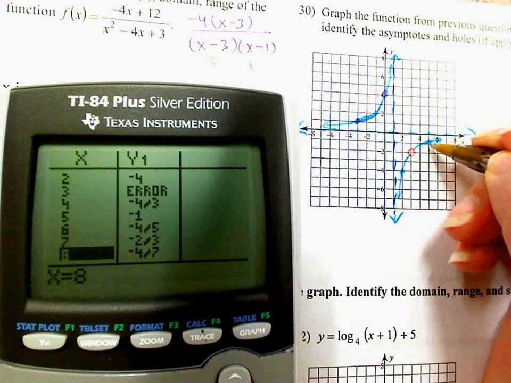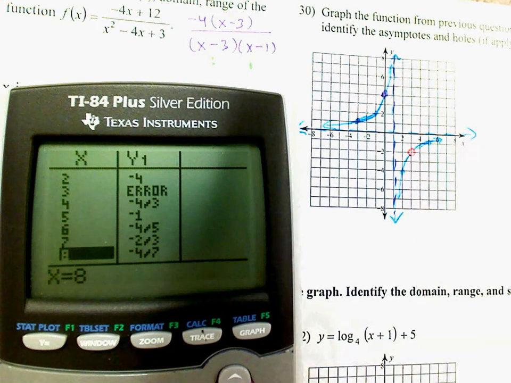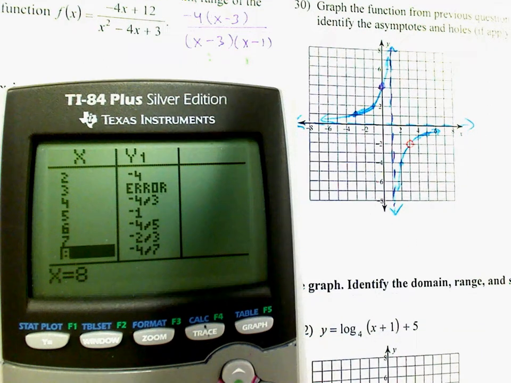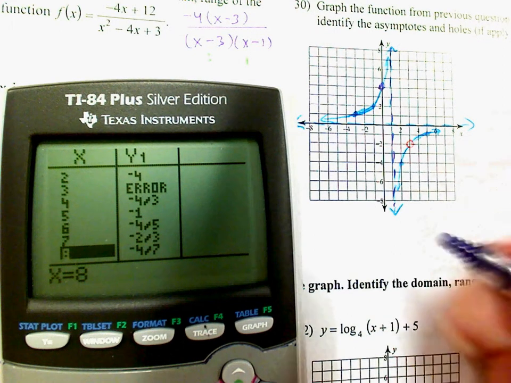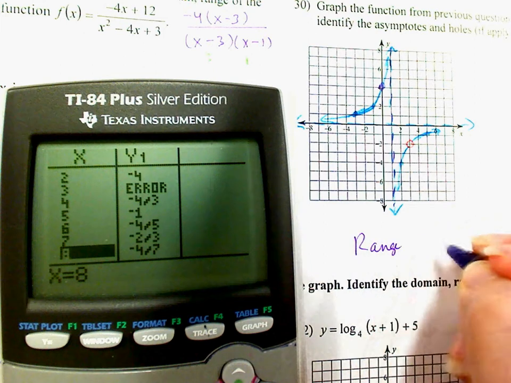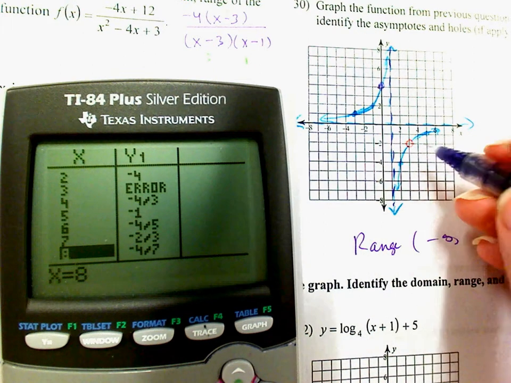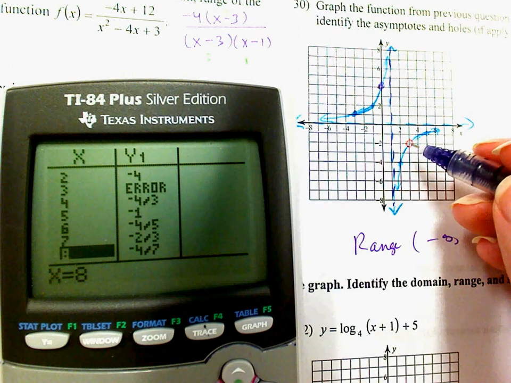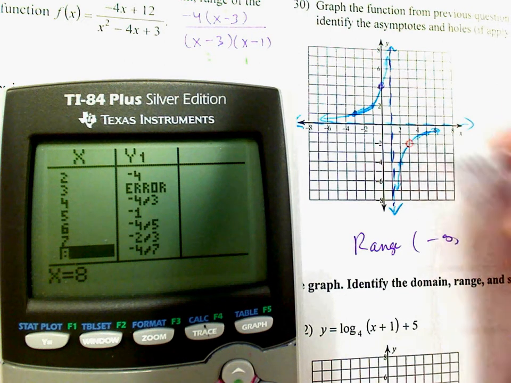So now as far as range goes, range is all possible y. This function goes all the way down. So range, it starts at negative infinity. Well, it comes up, and the first y value it doesn't exist at is negative 2. So basically by doing this I'm just excluding negative 2.